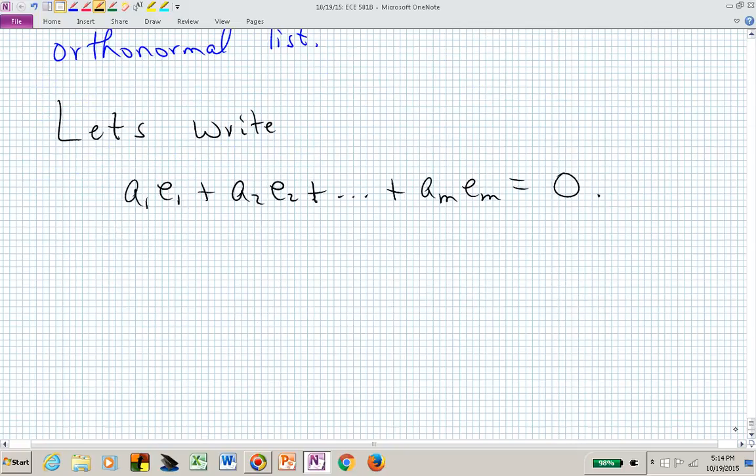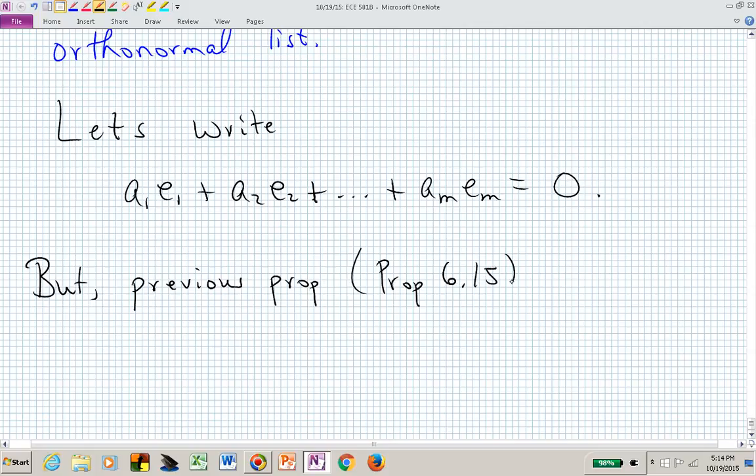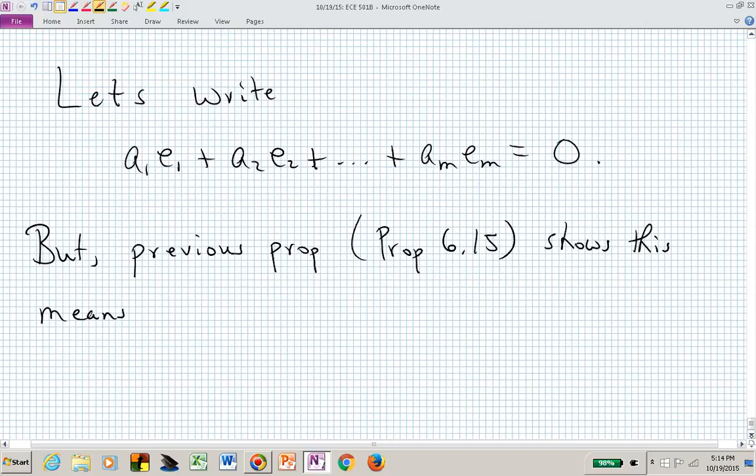But now what do we know from our previous proposition, proposition 615? We can say something about the norm squared of that vector on the left, and we know what the norm squared of 0 is. So the 0 vector means that the norm of 0 squared is just 0.